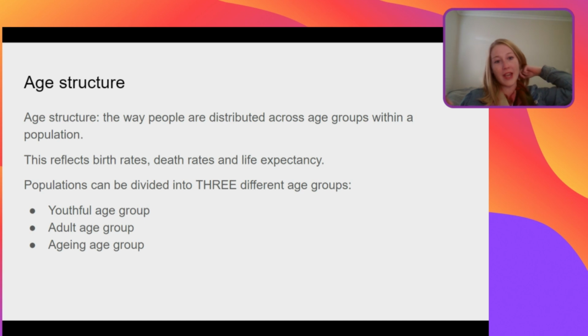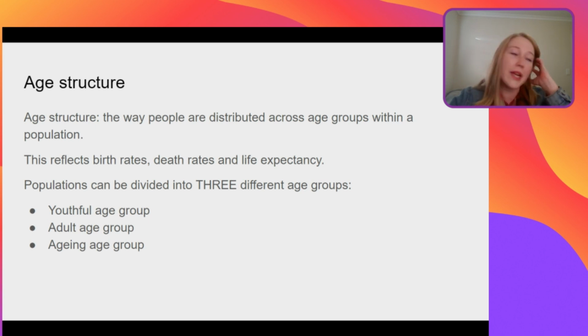And that brings me to the age structure. So age structure is, we're finally getting to the section of population structure when we look at how the population is broken apart for us to understand it a bit better. So when we are trying to understand how a population changes, we take a look at the population structure and we start with the age structure.